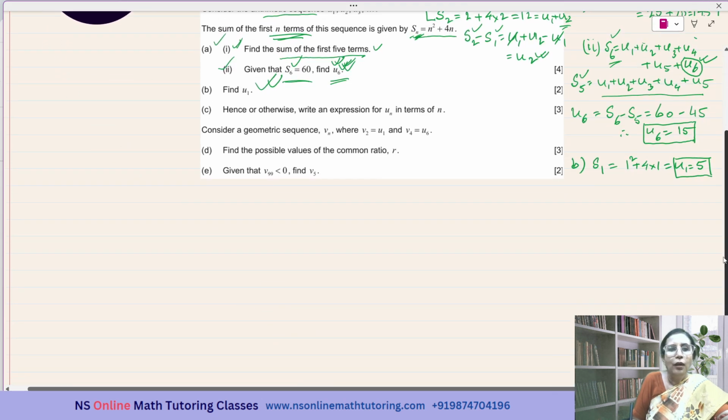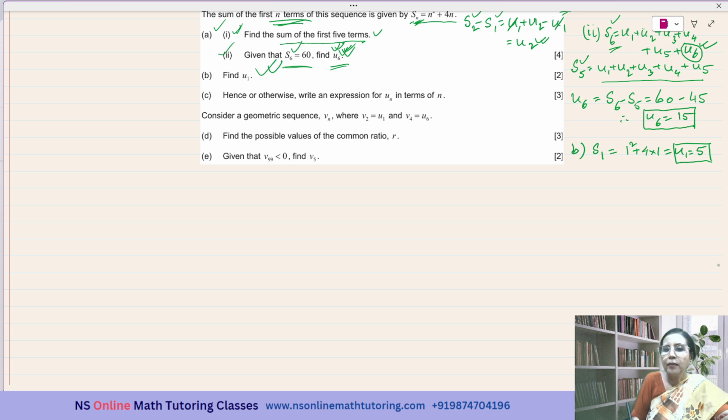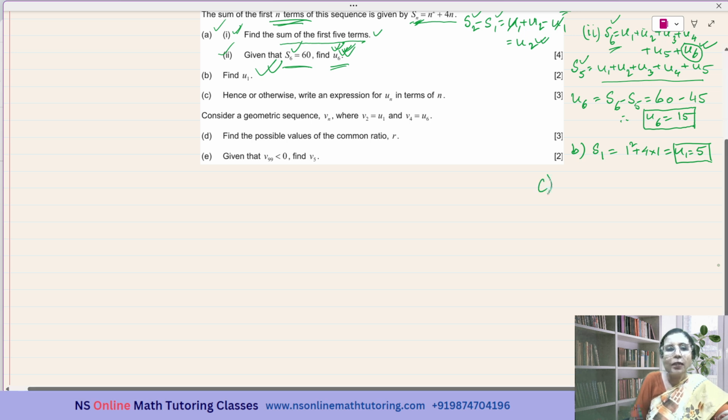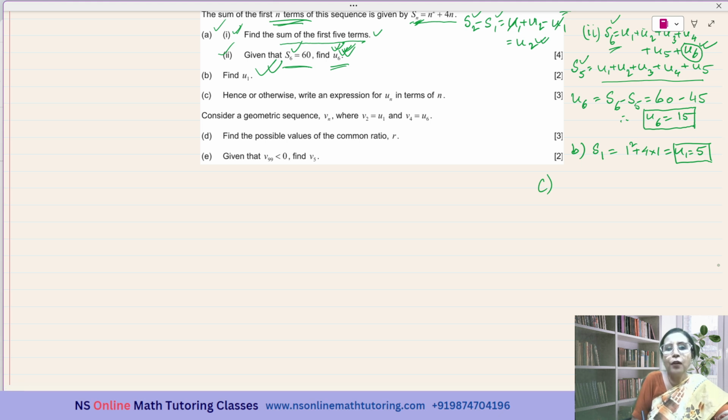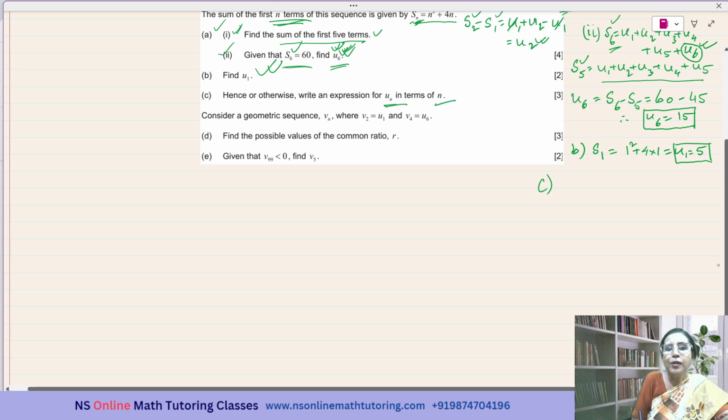So we now come to subpart C. Hence or otherwise, write an expression for Un in terms of n. What is the general formula for any general term of an arithmetic sequence?